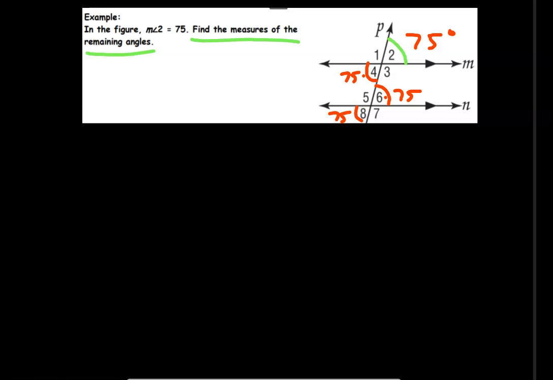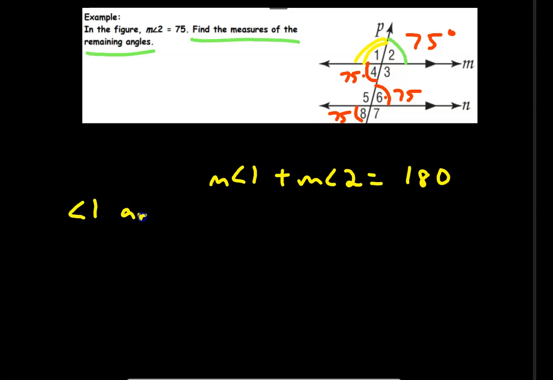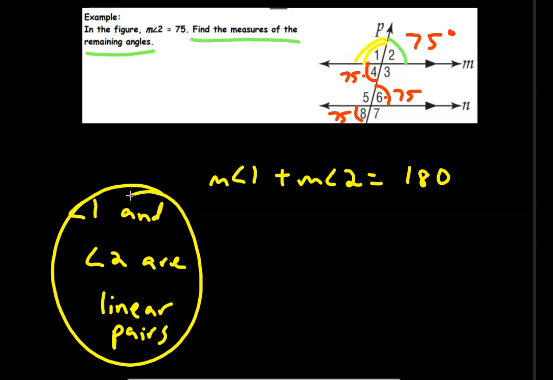Then from there, I can look at angle 1. The measure of angle 1 plus the measure of angle 2 equals 180, because angle 1 and angle 2 are linear pairs, so they add up to 180.